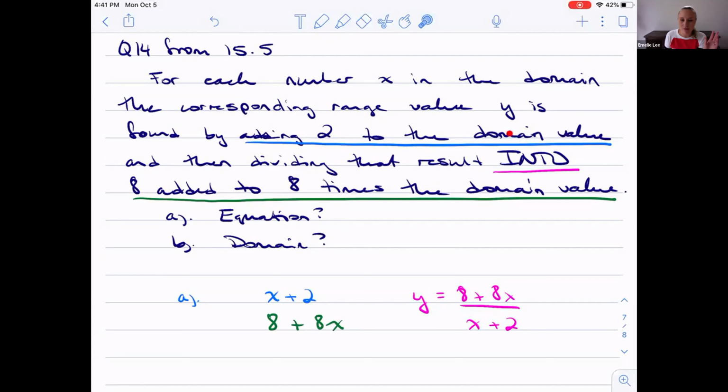Wherever you see domain value, you can just say x. And then dividing that result, so this result into, that means it has to go in the denominator, 8 added to 8 times the domain value. Okay. So that's tricky.